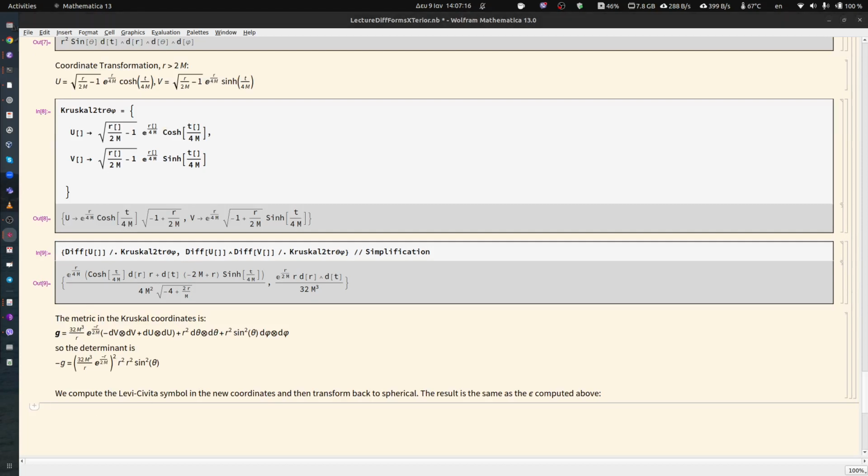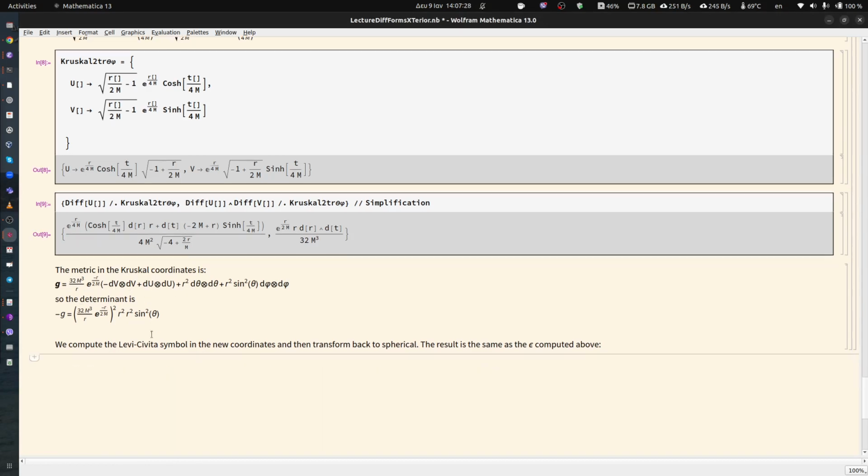So let's compute now the volume element in Kruskal coordinates. Now in Kruskal coordinates, the expression of the metric is like this in these coordinates. So we have a minus dv square and plus du square term, but this is multiplied by this function involving r, and then the rest of the metric is the ordinary metric in spherical coordinates.